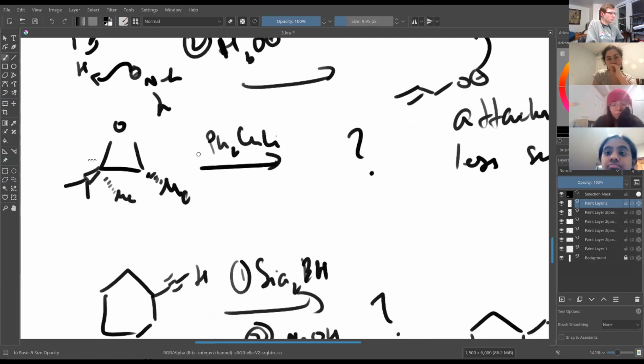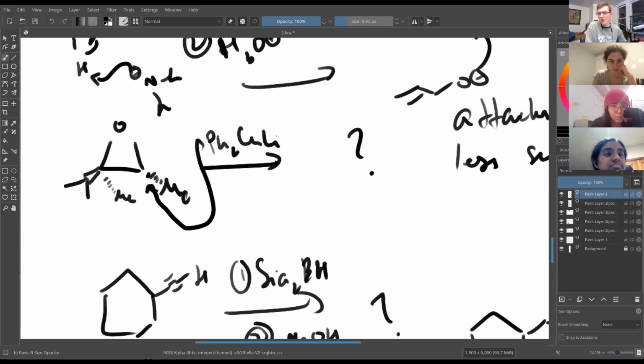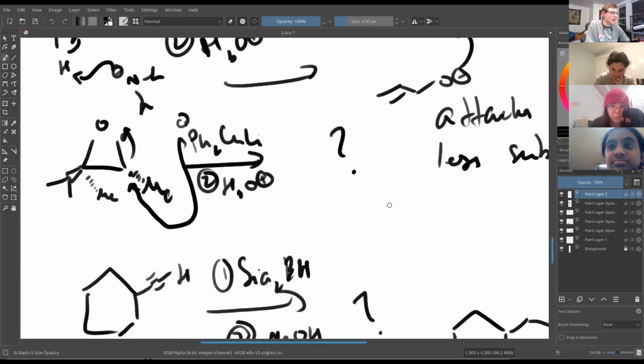We're going to come up here. It's going to attack here. This epoxide is going to open. Great. We'll protonate it. I'm not going to. All right, never mind, I will write it. So it'll protonate there.